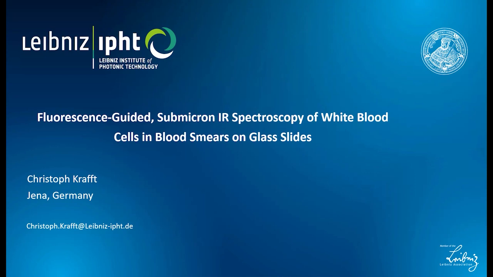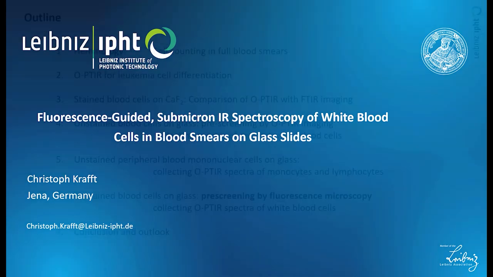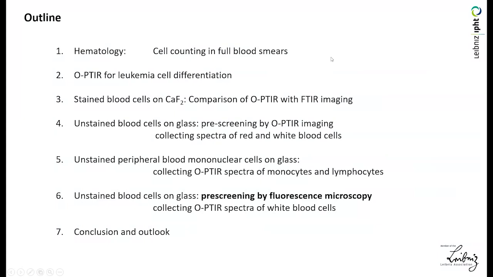Thank you, Mustafa, for the introduction. It's my pleasure to present our latest research on fluorescence-guided submicron infrared spectroscopy of white blood cells in blood smears on glass slides. I'm Christoph Krafft from Jena, Germany, and I'm working at the Leibniz Institute of Photonic Technology. First, I will give a brief introduction into the topic of hematology.